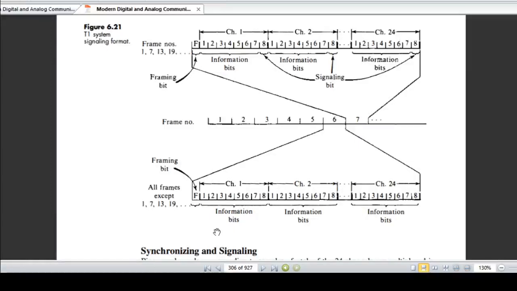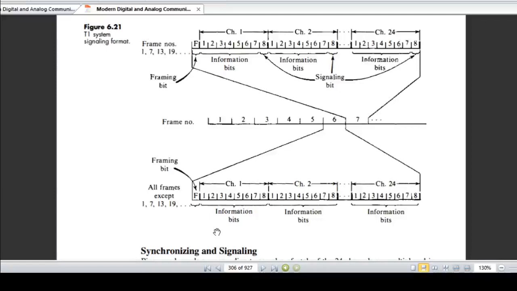So the next important thing is the bit rate. What will be the bit rate of the T1 carrier system? The bit rate is nothing but the number of bits transmitted by the system per second, bits per second. In the T1 carrier system, each signal is sampled 8000 times per second.